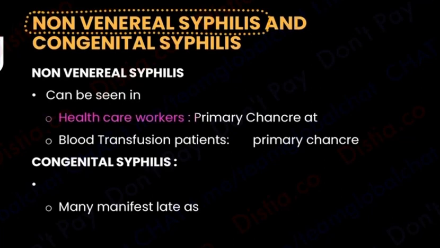If it's a non-sexual route, like in healthcare workers, you are touching and dealing with the patient with your hands. So where do you think the chancre will be? The chancre will be on our hands also. So we have to be very careful. This means the chancre is going to be at extragenital sites.